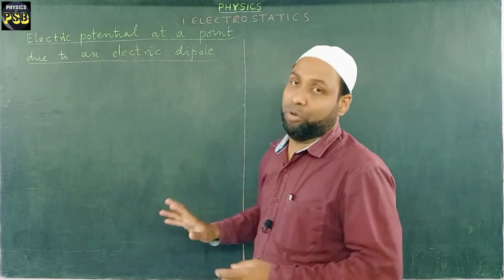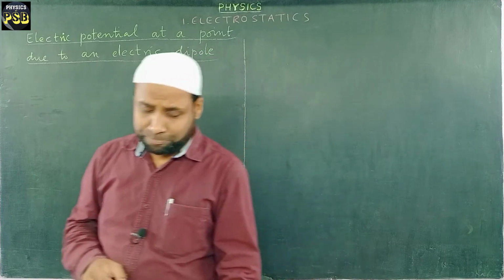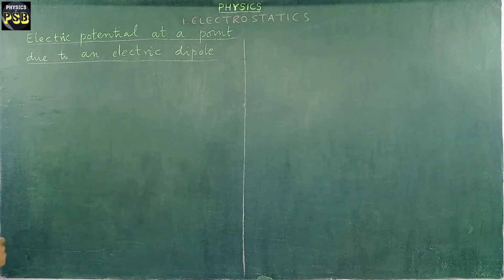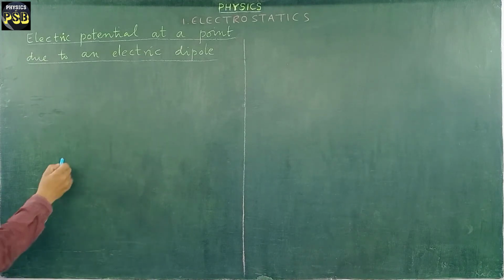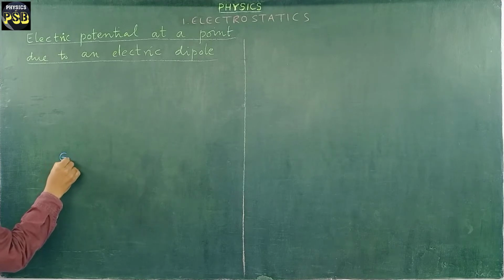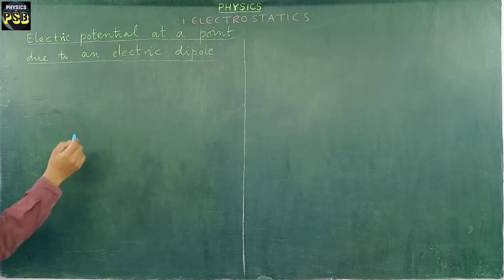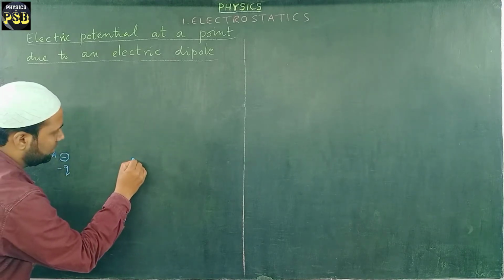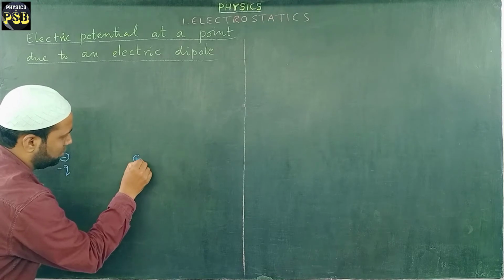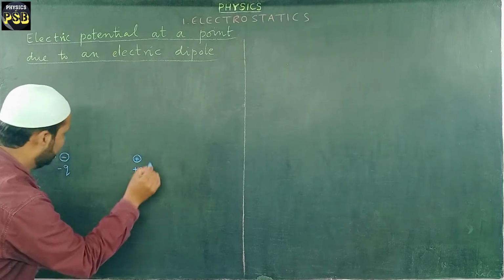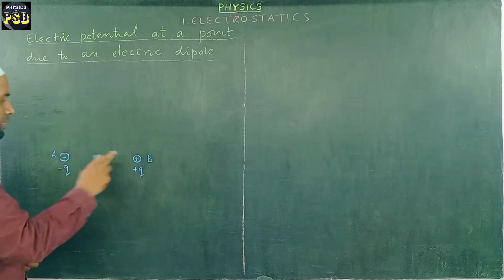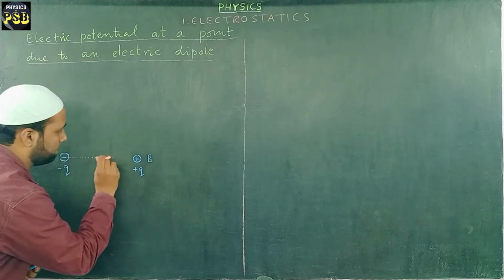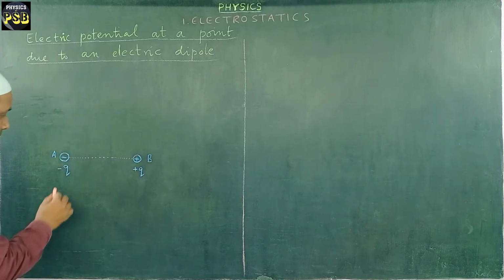For that, I consider an electric dipole which is made of a negative charge minus q placed at point A and a positive charge plus q placed at point B. Here these two charges are separated by a small distance 2b.